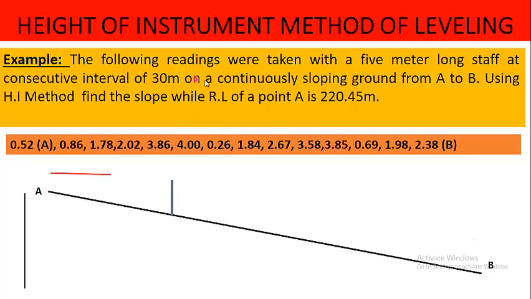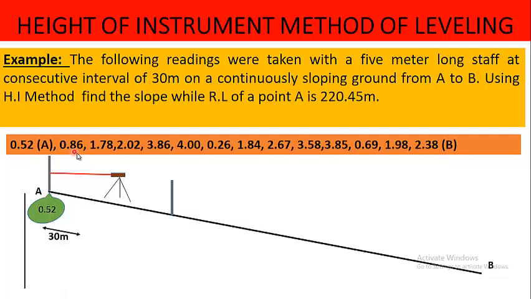If we look at the example, the first thing we observe is that the staff rod is 5 meters long and the interval between two readings is 30 meters. After the adjustment of the instrument, the first reading at point A is 0.52.